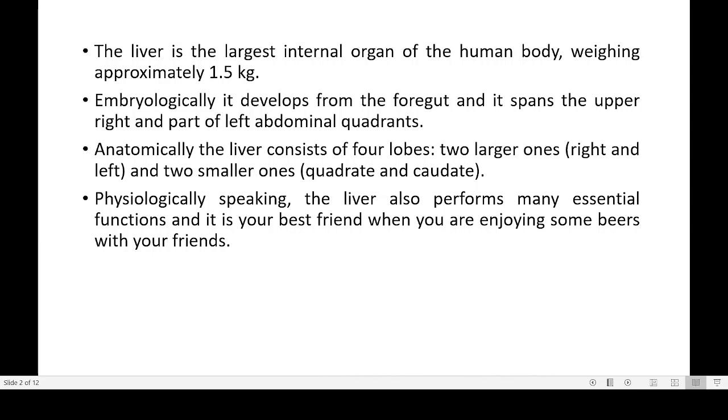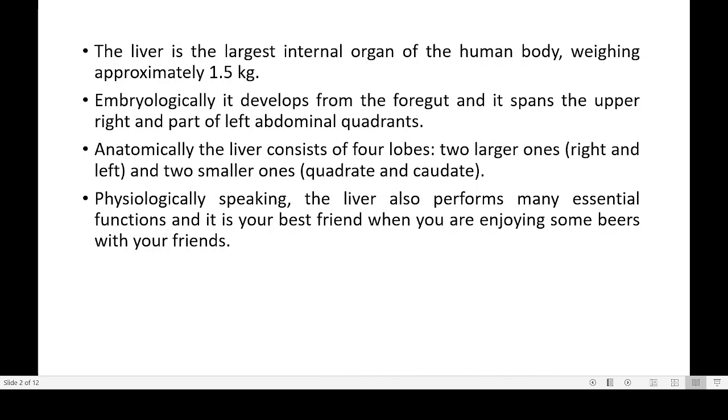Then what is the function of the liver? Physiology is the science dealing with function. Going to the functional part, the liver performs many important functions. Without the liver, your digestion may not take place. The liver is a principal digestive organ or digestive gland, because it produces bile.